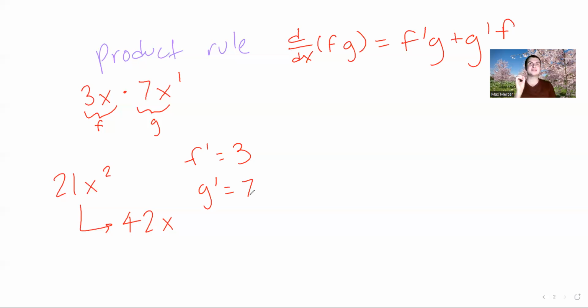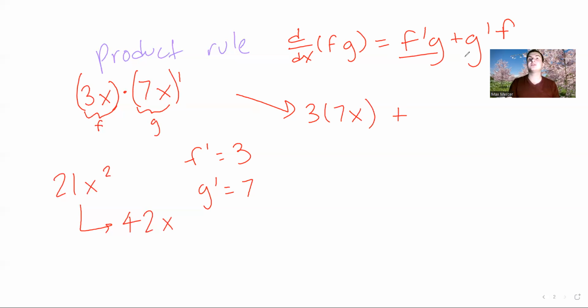Now we have all the pieces that we need, because we know f, we know g, and we know their derivatives. So the derivative of 3x times 7x with respect to x should be f prime, which is 3, times g, which is 7x, plus g prime, which is 7, times f, which is 3x.